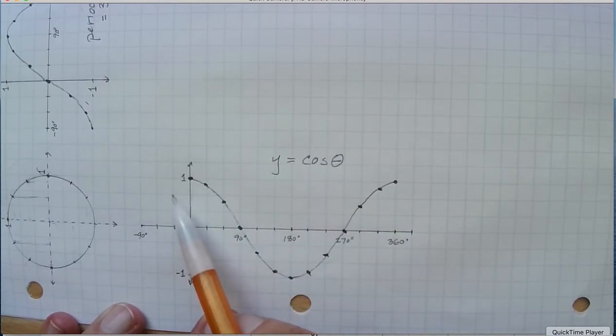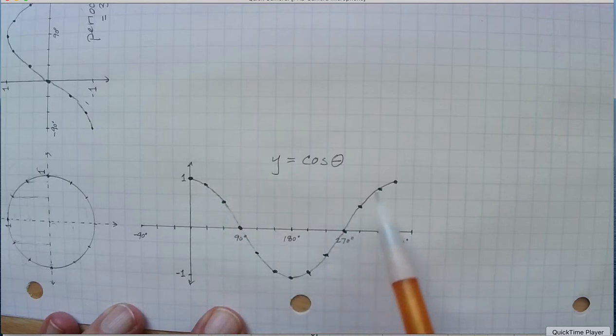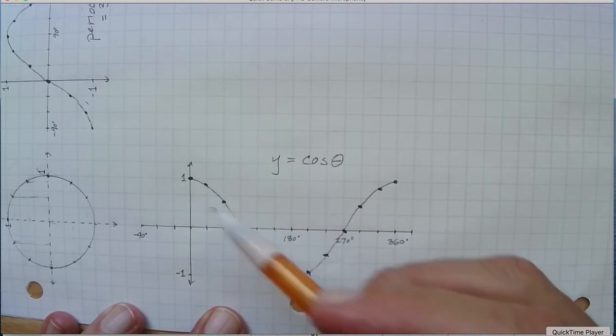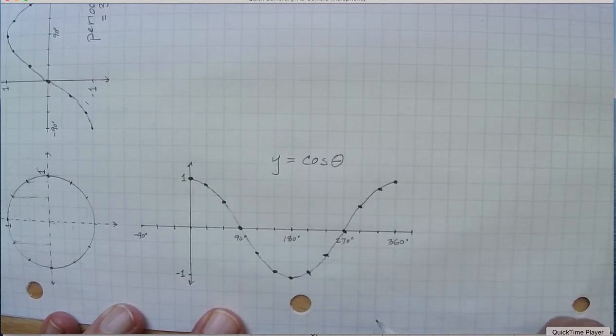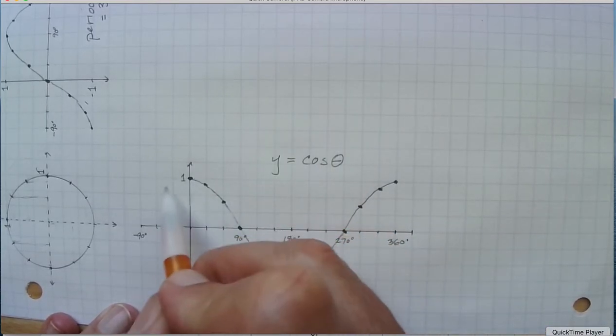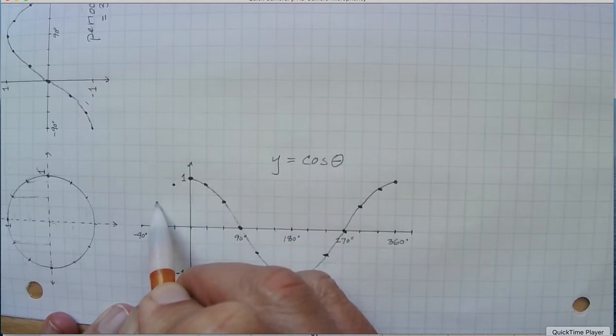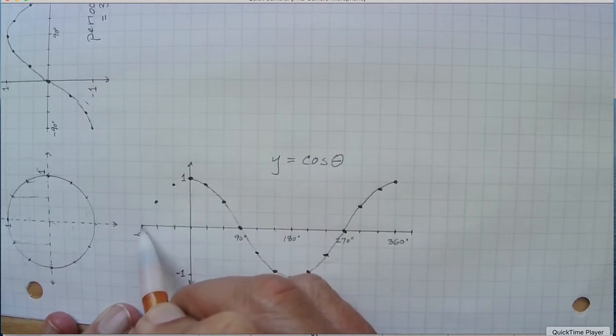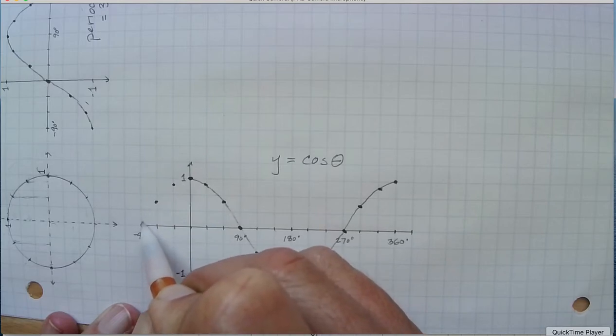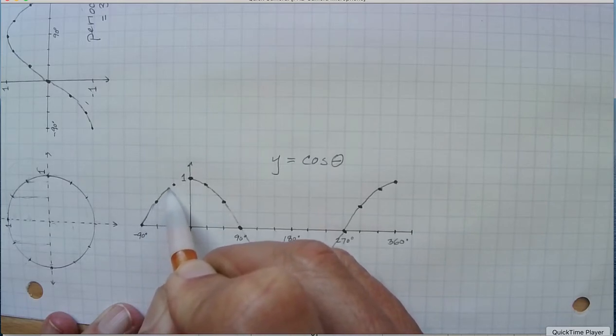This also has a period or cycle of 360 degrees before it starts to repeat itself. It has an amplitude of 1 unit. It's just in a different location. In fact, if you did some negative angles, you could continue this pattern. Make that a little more complete for you.